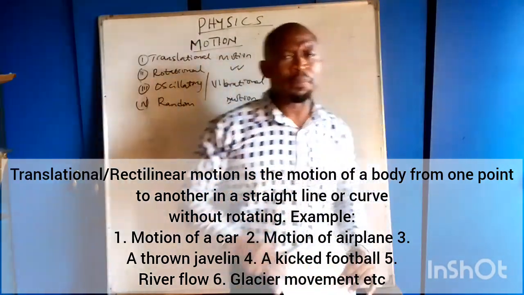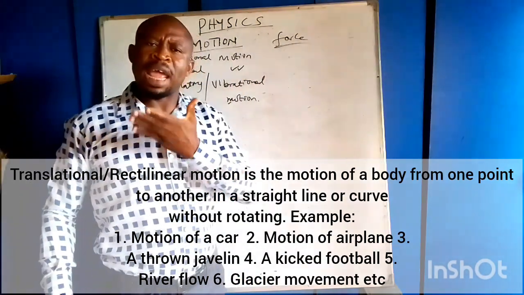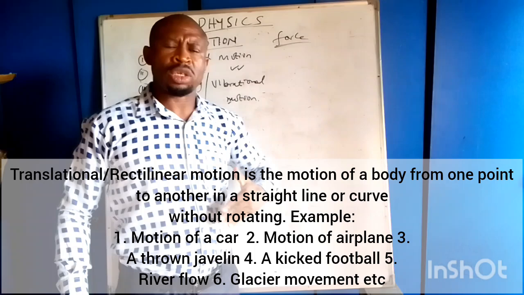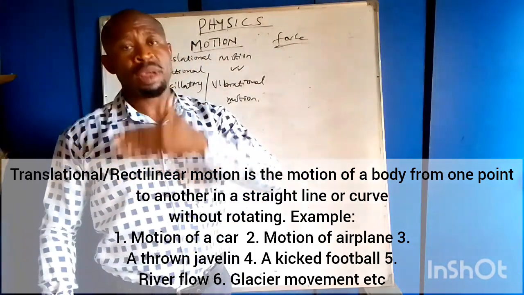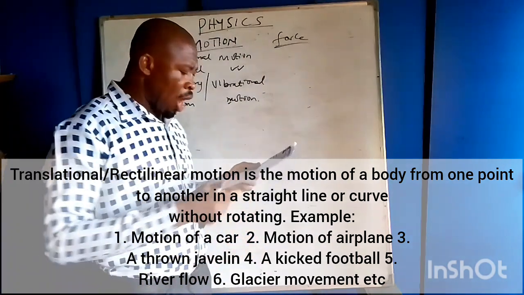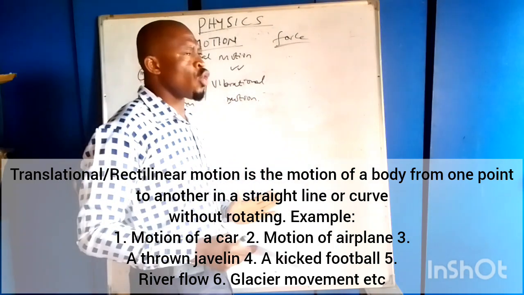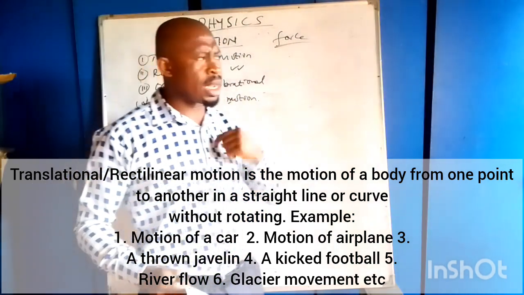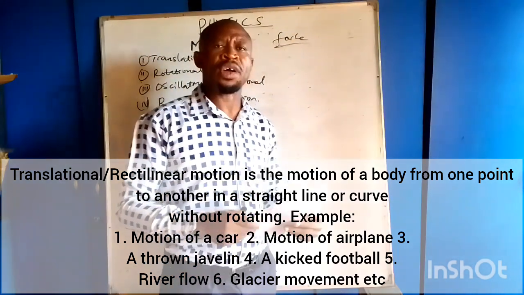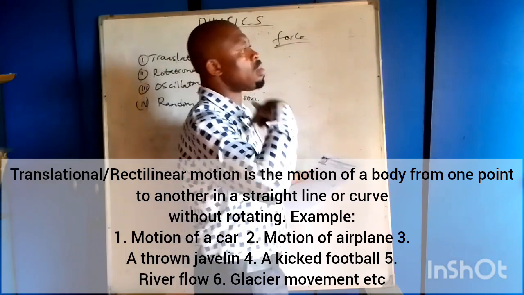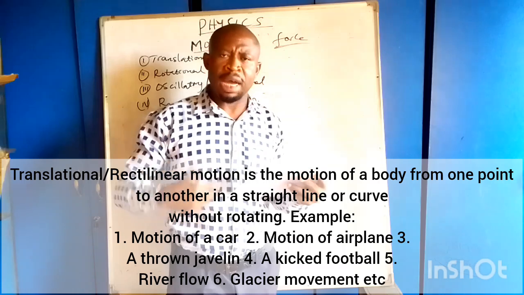Another example we can have here is an airplane moving from one station to another along a straight line. It could as well be a curve. Then there are other examples too. We can have a kicked football. If you give a football a kick, it moves from one point to another along a straight line, and then by landing, it can give us a curve.